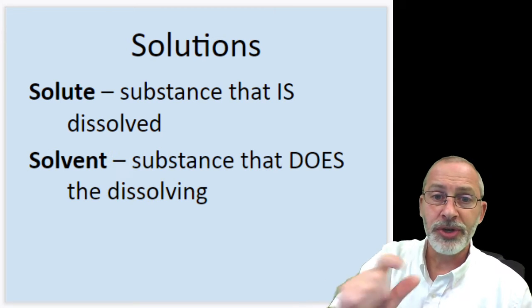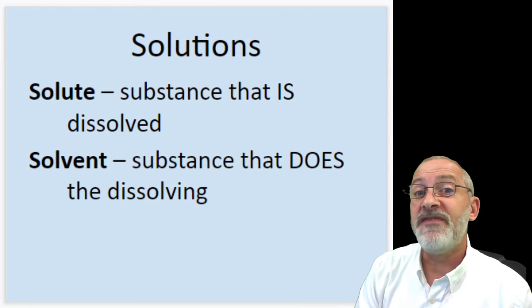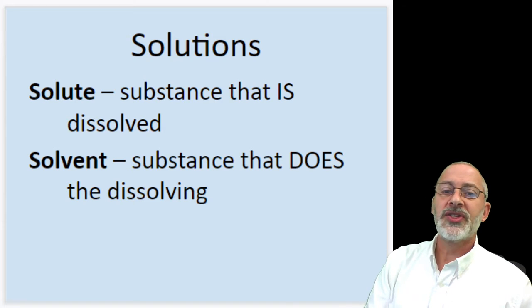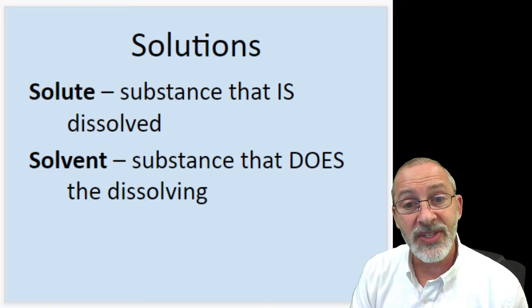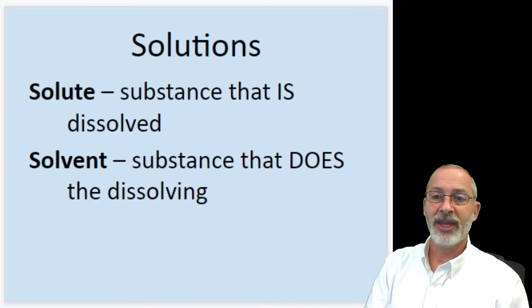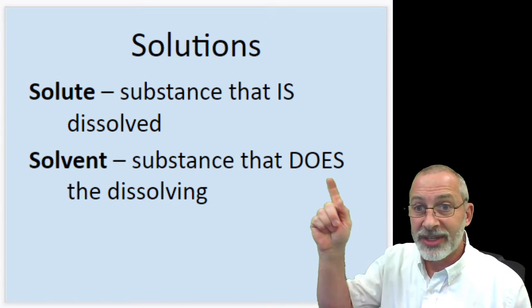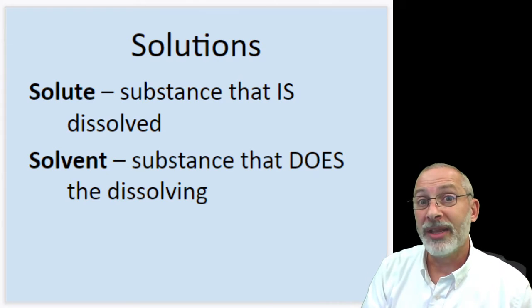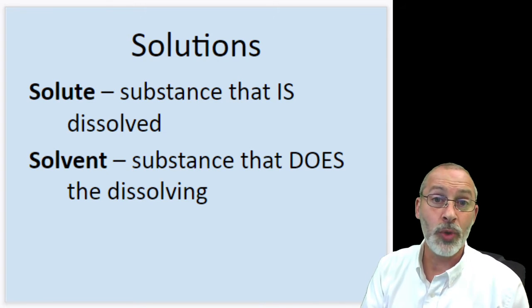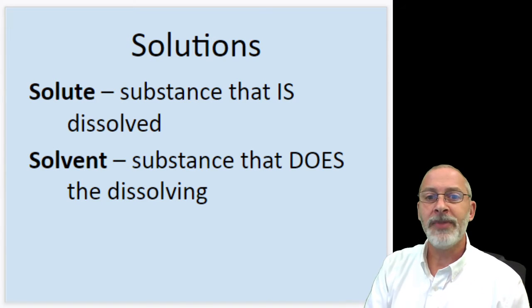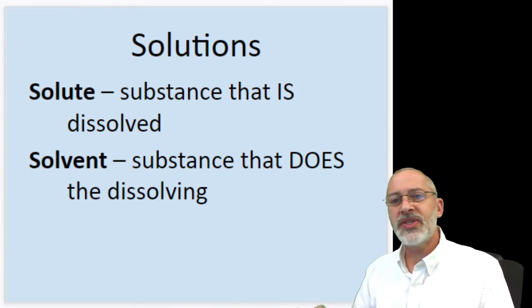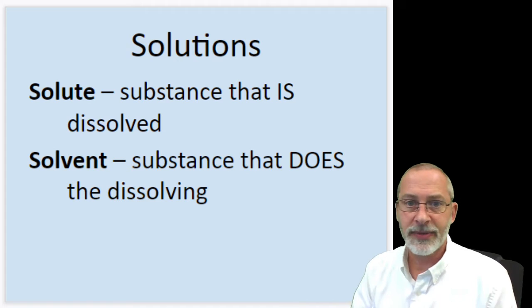The next term is a solvent. The solvent is the substance that does the dissolving. And again, notice what I did with the word does. You might want to write it the same way, because when it comes to quiz time and when it comes to studying for quiz time, solute is, solvent does.